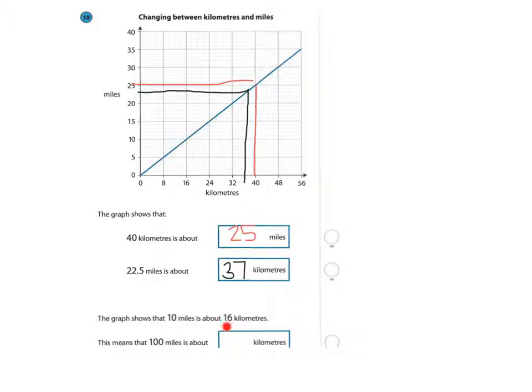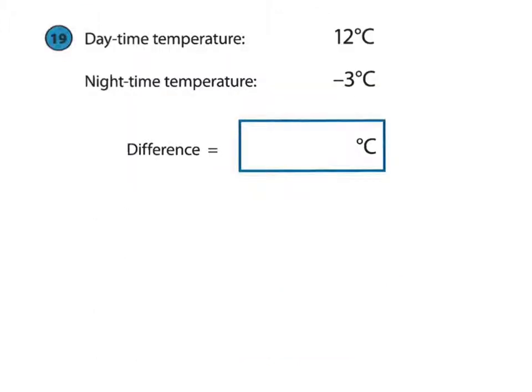That means I have to make 16 kilometres 10 times bigger. 16 times 10 equals 160. So 100 miles is about 160 kilometres.